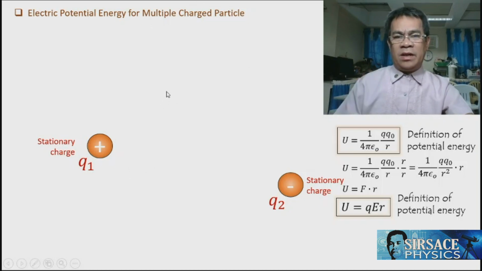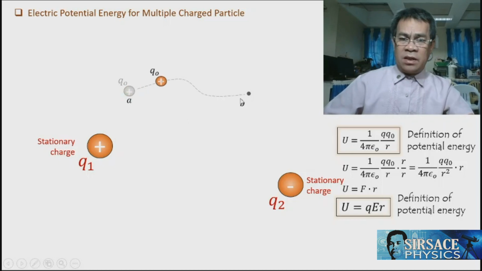Now, what will be the energy at points on the surrounding charges? For example, you are asked, how much is the energy at this point due to this charge and due to this charge? What will you do? Suppose the particle is moving from point A to B. For example, Q naught is moving in this direction.